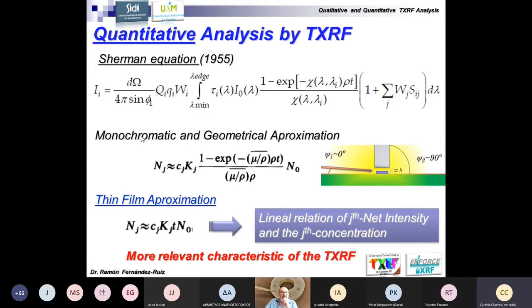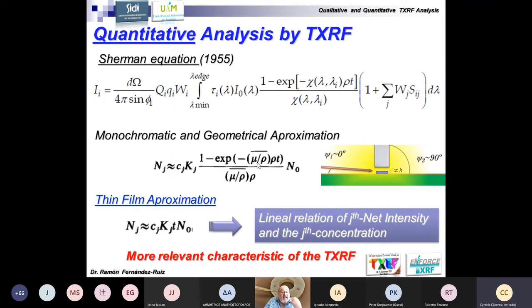If we now apply a monochromatic approximation, because with our spectrometer we usually apply monochromatic radiation, and apply also the geometrical approximation given by the TXRF geometry, that is that the incident angle is practically zero and the outgoing angle is around 90 degrees, we obtain an important simplification of the Sherman equation.